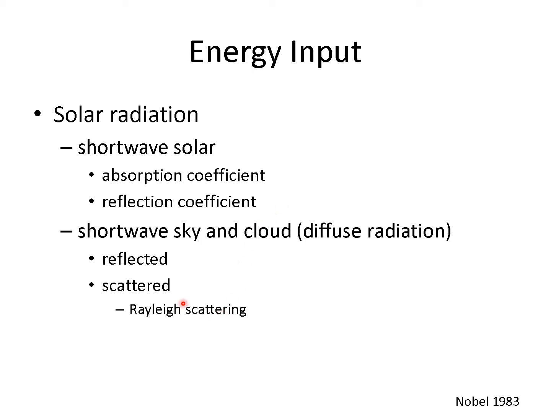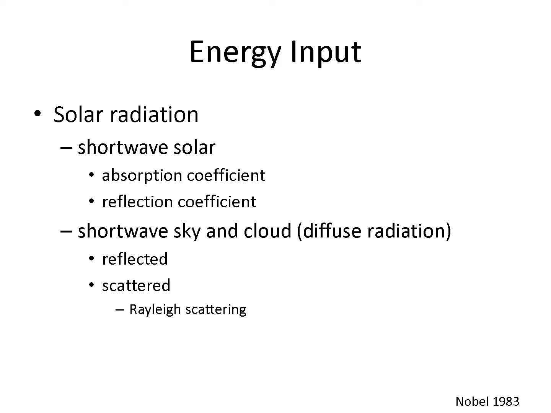Scattered radiation refers to radiation that interacts with particles and changes direction. A special type of scattering is Rayleigh scattering. Rayleigh scattering is the scattering of radiation caused by interaction with very small particles in the atmosphere, molecule-sized particles.